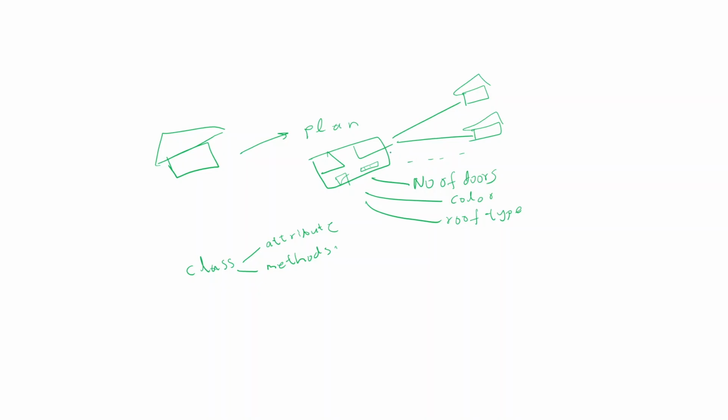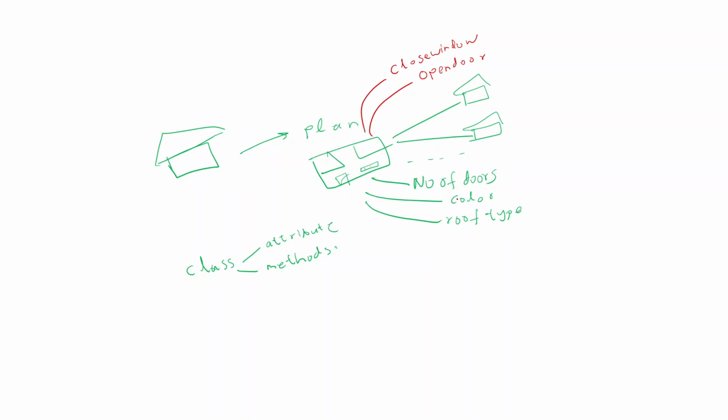Then what are the methods? For the method you can take, I'm going to change the color, use something else, red color. I'm going to use a method such as open door. Open door will be a method or behavior of this class. Then after, close window.